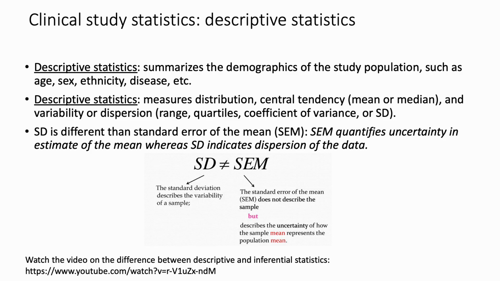Now, coming back to the statistics, as I told you, we are going to have numbers. We are going to have qualitative data as well as quantitative data. When we have millions of data points coming from a study, we need to find ways not only to present the data but also to analyze it, because we have our primary, secondary, tertiary, and quaternary outcomes that we would like to test with statistics.